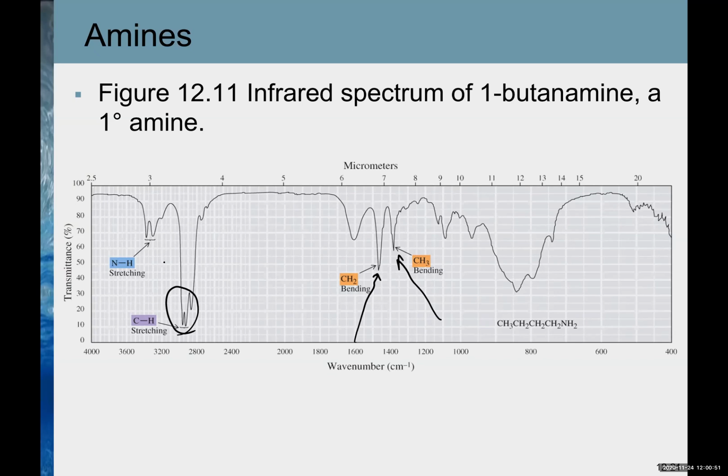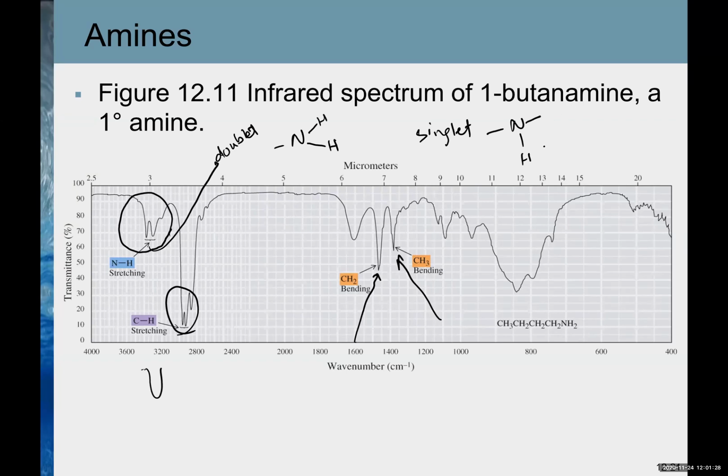Now for amines, we get a peak that is not so broad, and we get a doublet. If our amine is a primary amine, we get a doublet. And we get a singlet, a single peak at this position, if we have a secondary amine. Singlet for secondary.